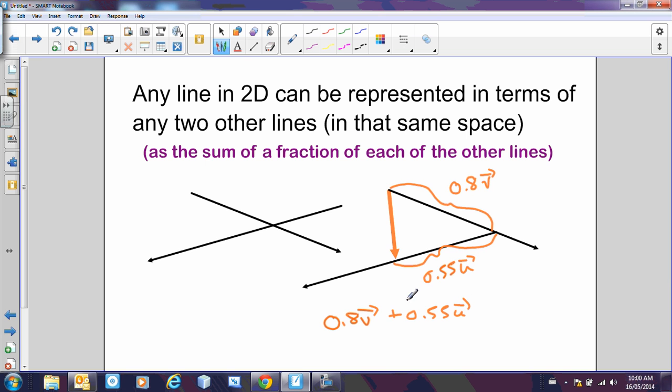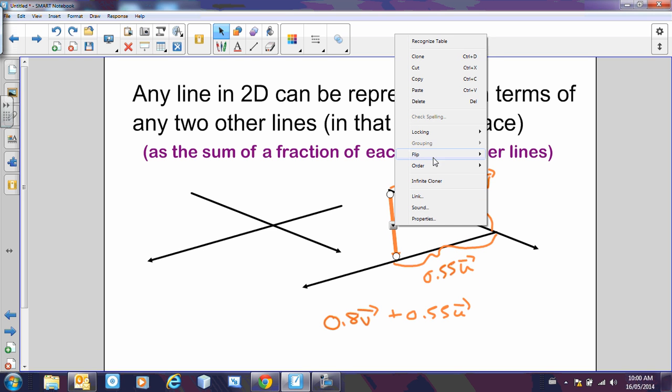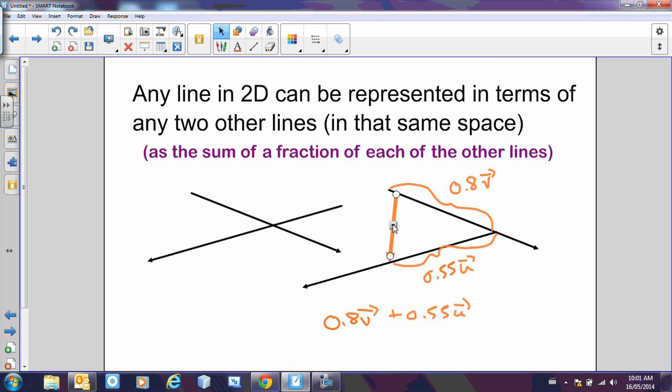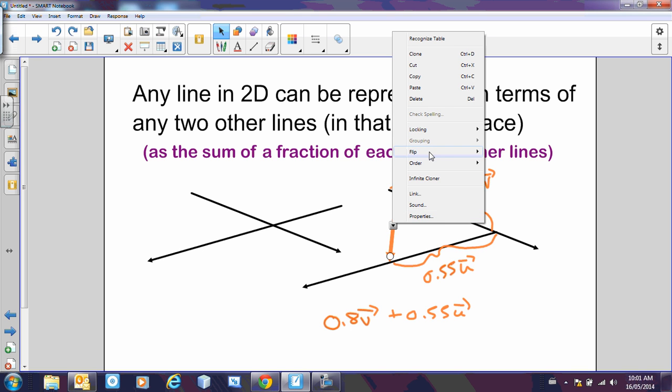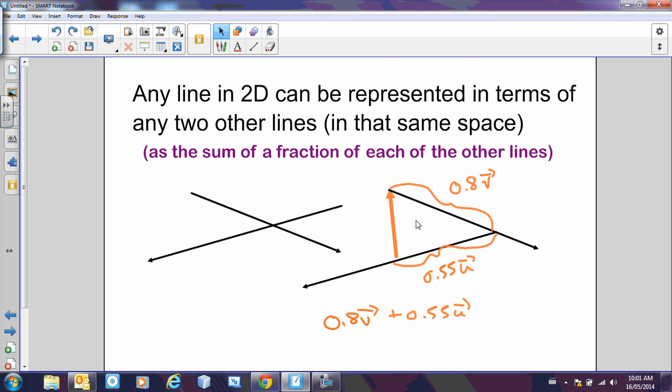Now, if we had chosen a line that was a little bit more difficult, a little bit messier, well, actually, let's just make it simple. What if I had chosen this one?